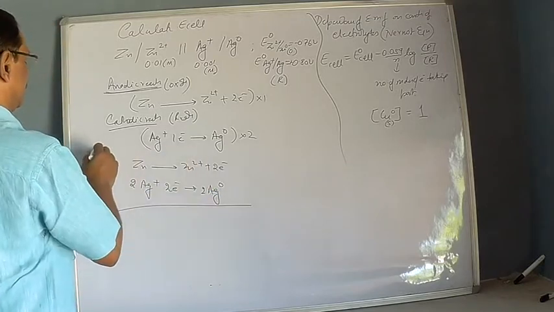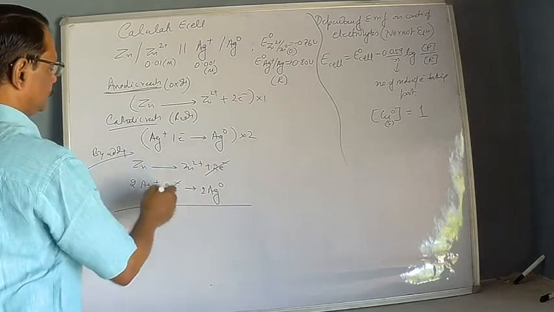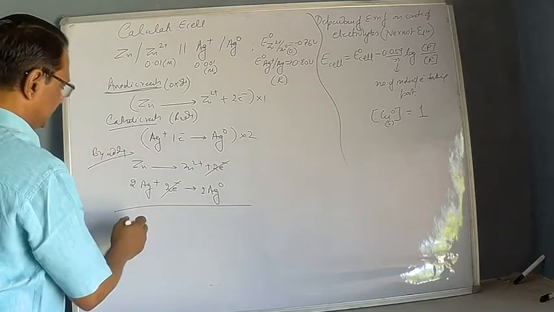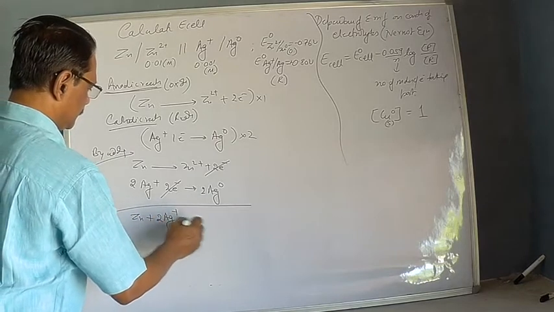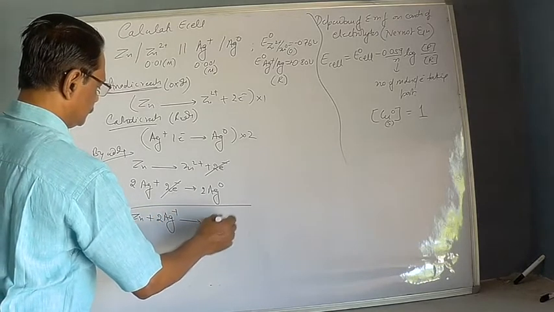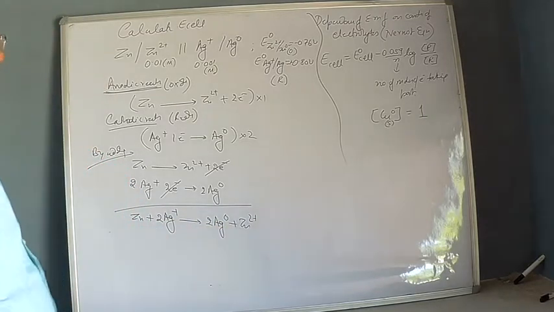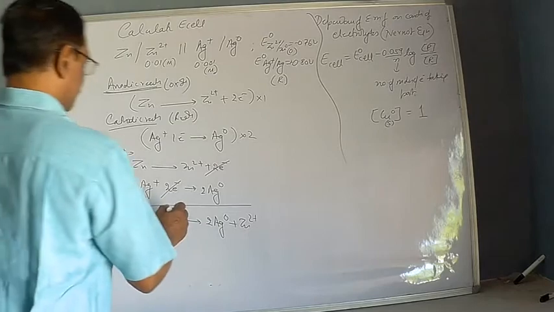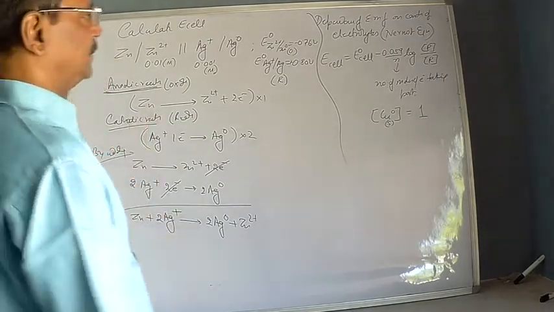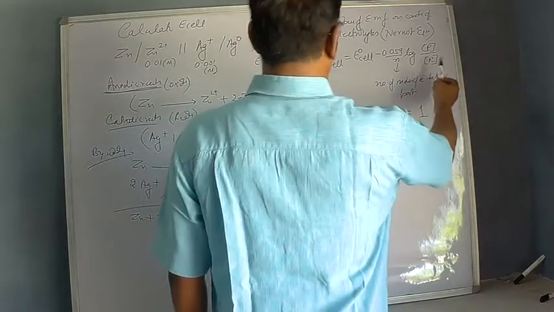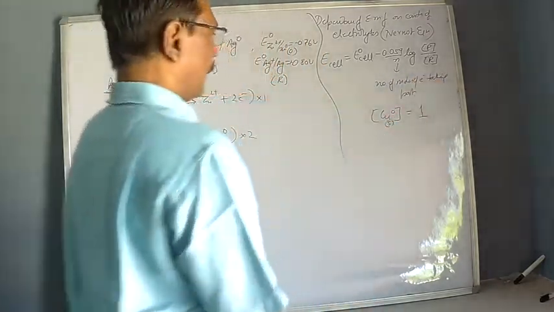So by adding, 2 electrons get cancelled, and I get Zn plus 2 Ag+ giving me 2 Ag0 plus Zn2+. So class, this is the overall cell reaction. We'll have to undergo all these steps. The reason is that if you want to put it in Nernst equation, I should know what are my products and what are my reactants.